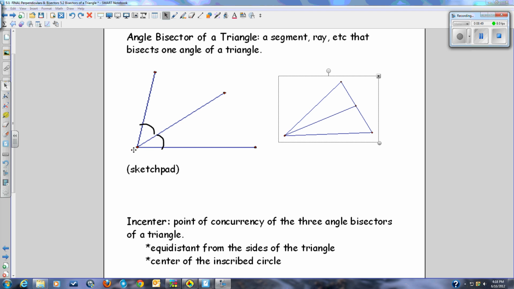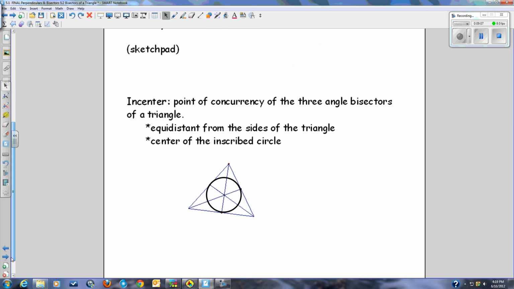The angle bisector bisects the angle and makes two smaller equal angles. Same thing occurs in a triangle, you can imagine. This is the angle bisector of a triangle. So you can imagine one angle that's bisected. Very similar. But you can do this with all three angles in a triangle.